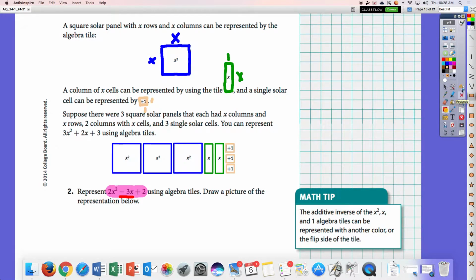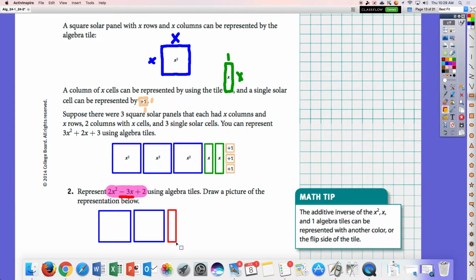So to represent this polynomial, it asks for 2x squared. So we should have 2 blue squares, negative 3x.